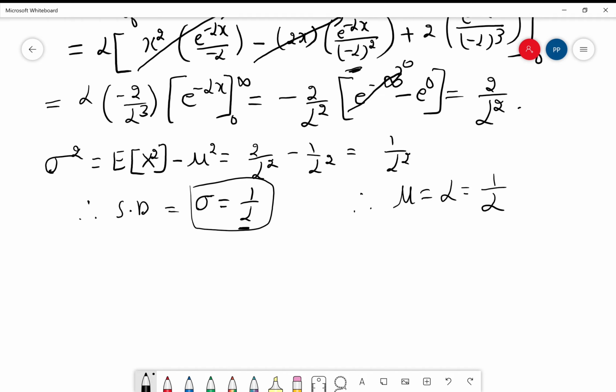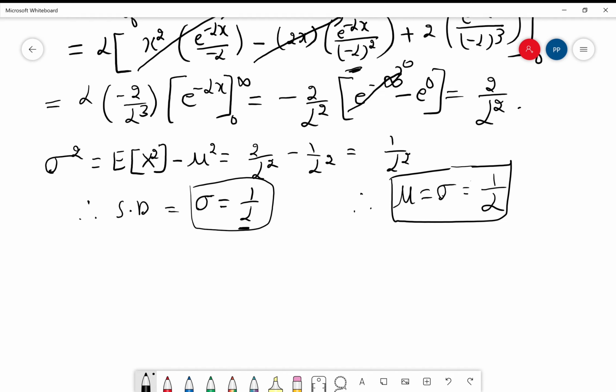Both are equal to the same value, the reciprocal of the parameter alpha used there, which is 1 by alpha. So you may also get a question like this: show that for an exponential distribution, both mean and standard deviation are the same. Okay, very simple one, simple integral.